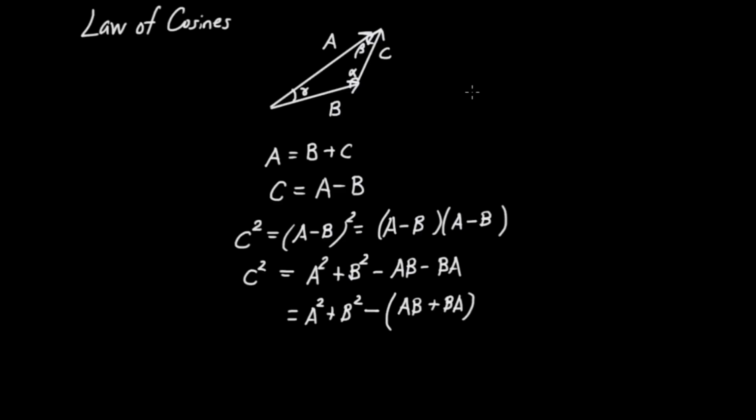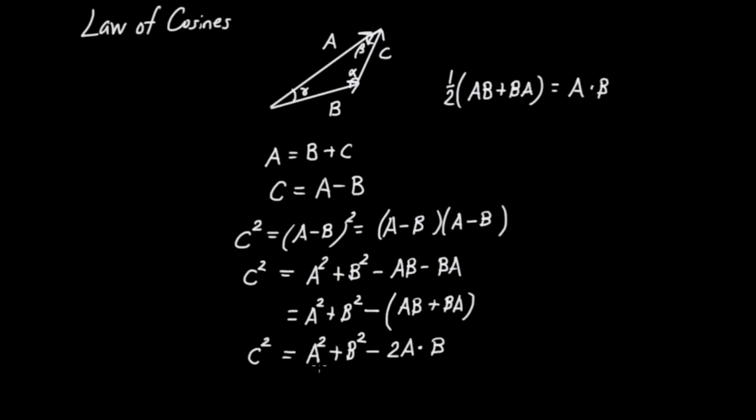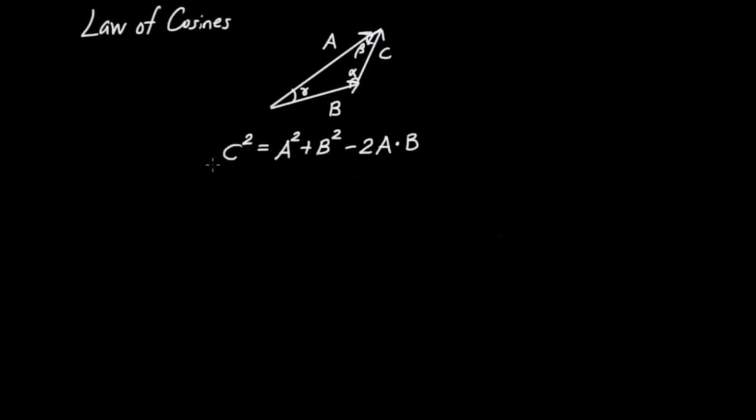So remember, AB plus BA, but now one half of that, was actually equal to A dot B, which means the thing we're looking at here is actually 2 times A dot B. So I'm going to make that substitution. So I have that this is equal to A squared plus B squared minus 2 times A dot B. And that's still equal to C squared. So that's what we have so far.